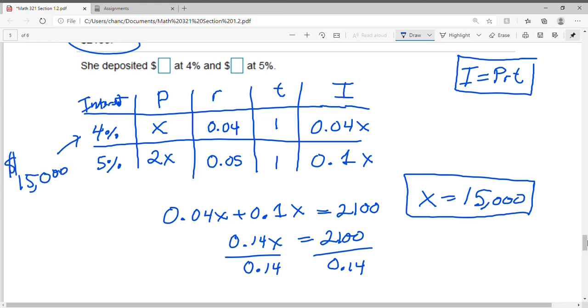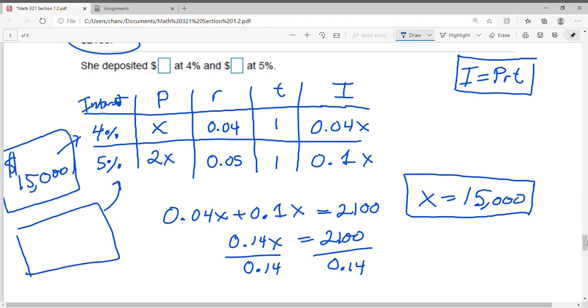And at 5%, it's going to be double that. So at 5%, we're going to double that amount. She's going to deposit $30,000 at 5% interest. So those are our two solutions, $15,000 at 4% interest and $30,000 at 5% interest.